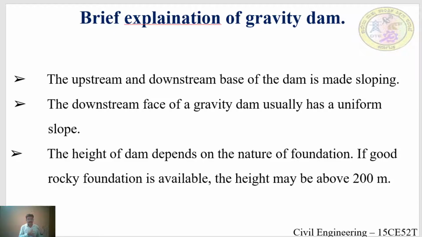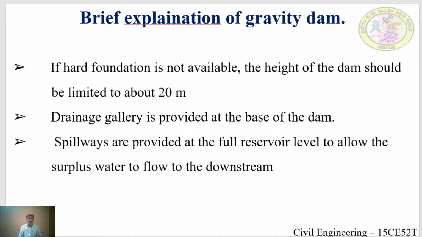If a good rocky foundation is available, the height of the dam can be increased up to 200 meters, and above 200 meters also. But if the foundation is weak or the soil is weak where the gravity dam construction is going on, there the height is limited to about 20 meters.